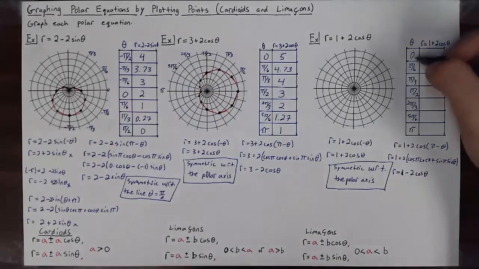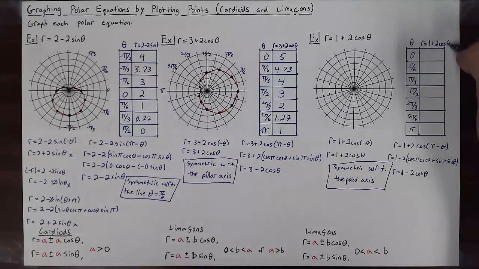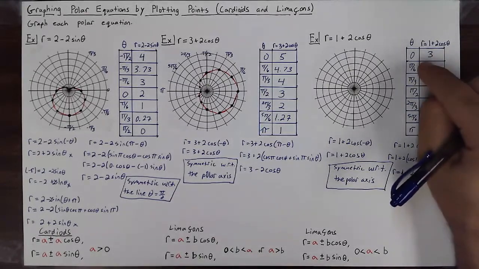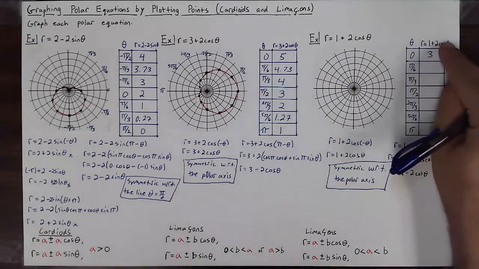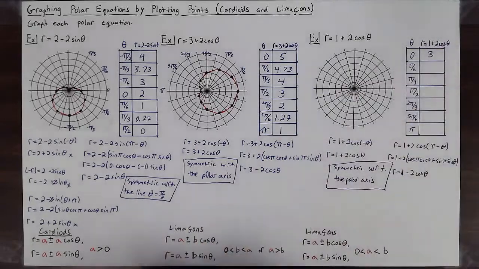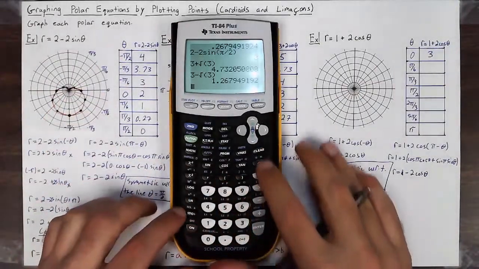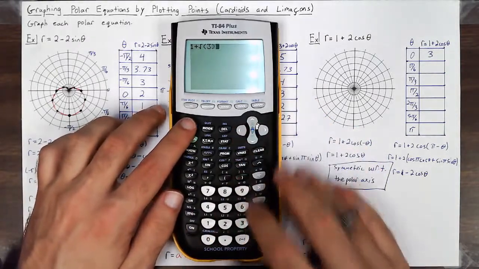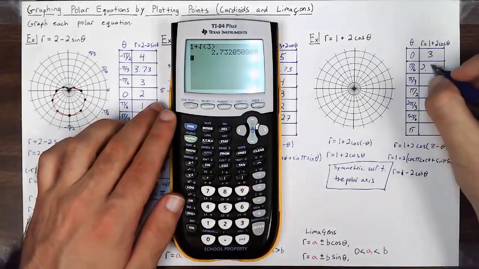When we plug in 0, cosine of 0 is 1, so 1 plus 2 is 3. And then we have cosine of pi over 6 was square root 3 over 2, which gives me 1 plus the square root of 3, which would be 2.73.